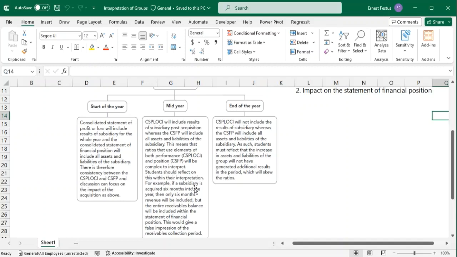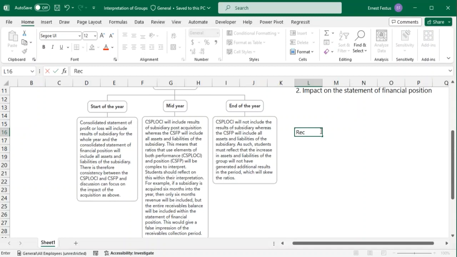Let's take, for example, the receivables collection period. Now, what is the formula for calculating the receivables collection period? It is receivables divided by revenue, multiplied by 365 days.